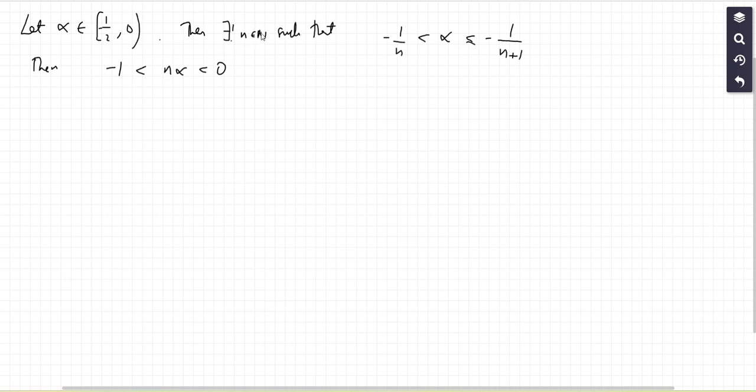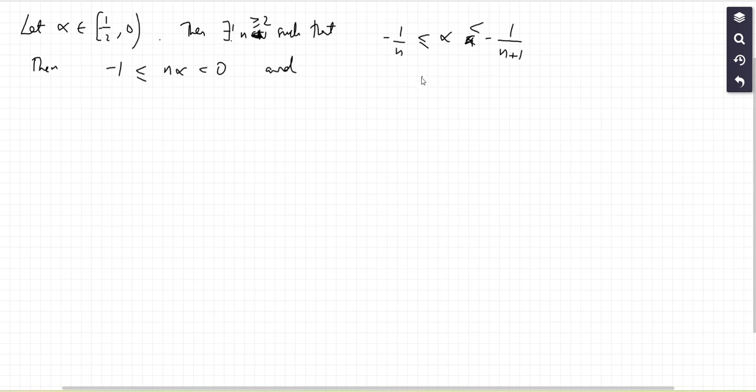So this should be at least 2. So if n is 2, then alpha is between minus a half and minus a third. So that says that minus 1 is less than n alpha, which is greater than 0.